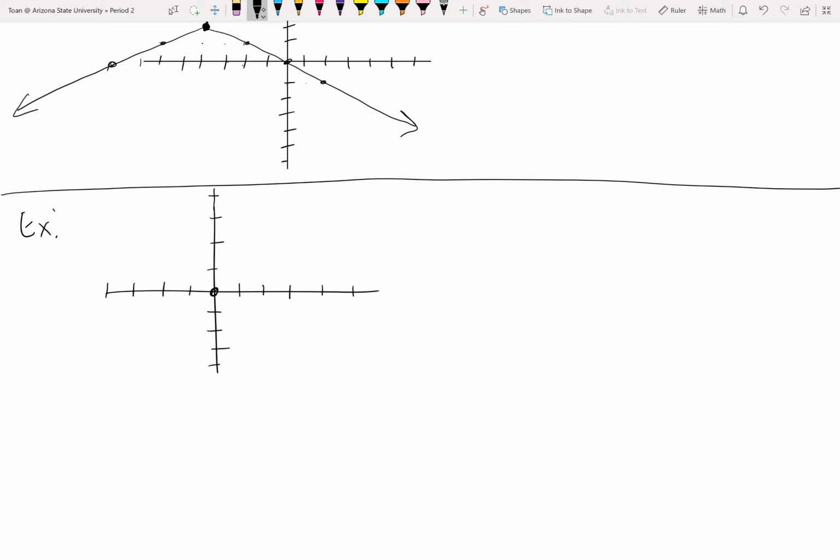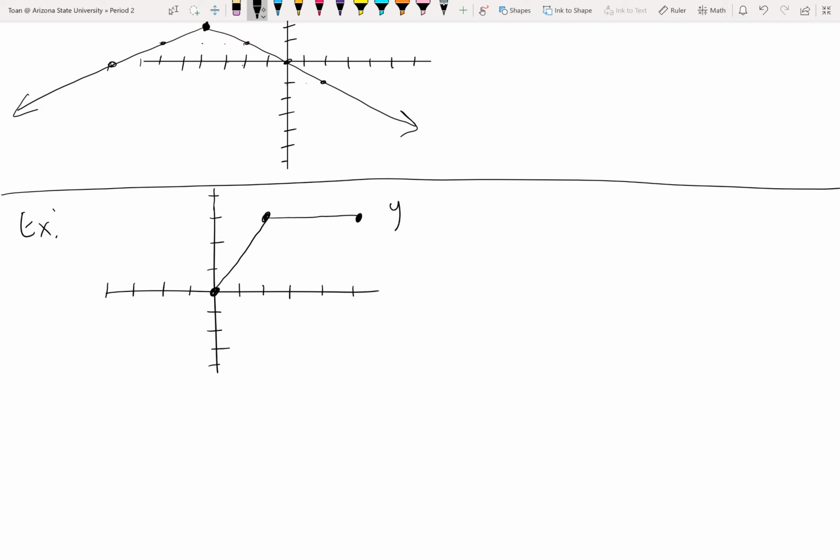And let's say you had a point at the origin, 0, 0. You had a point at 2, 3, and a point at 5, 3. So there's my graph. It's not an absolute value function. It's not a linear function. It's just a composite function.